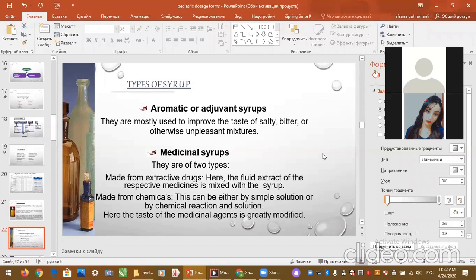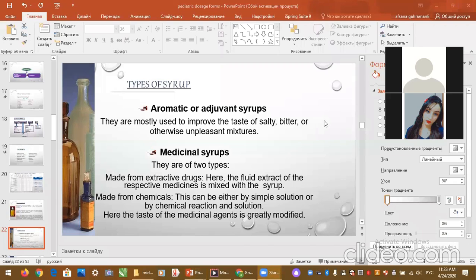How much sugar and how much water? Syrupus simplex contains what percentage of saccharose? 64%.